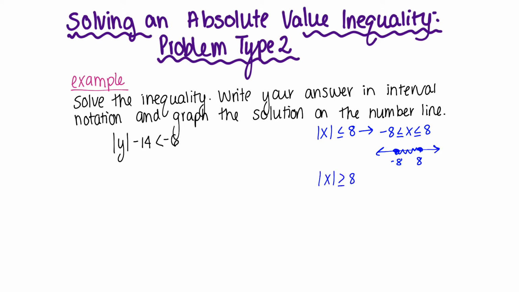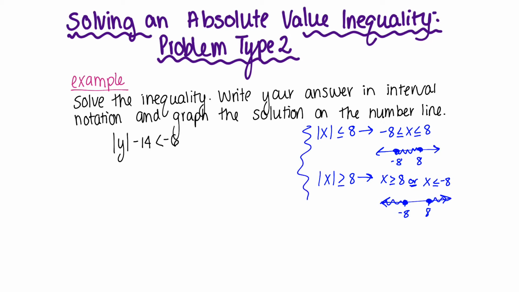If it's a greater than sign, or greater than or equal to, either way, with positive numbers, this splits into two inequalities: x is greater than or equal to +8, or x is less than or equal to -8. If this is looking unfamiliar to you, go ahead and check out the video for problem type 1, where I go into a lot more detail. Same idea, we're going to fill in those circles, but it would be the tails instead.